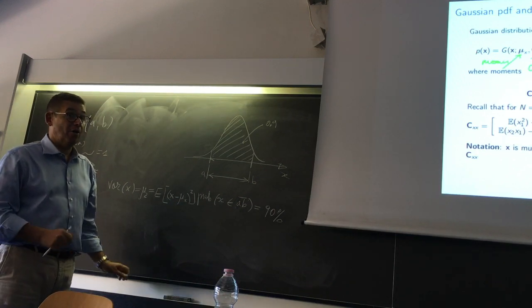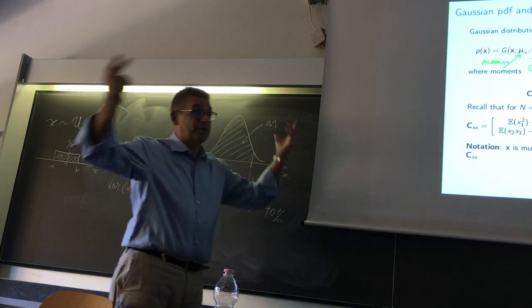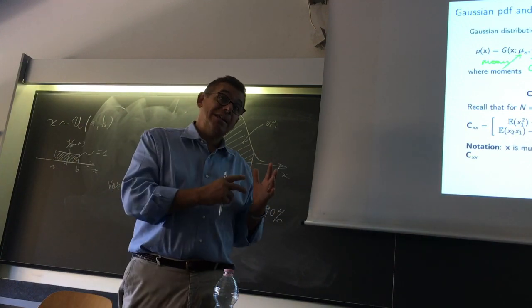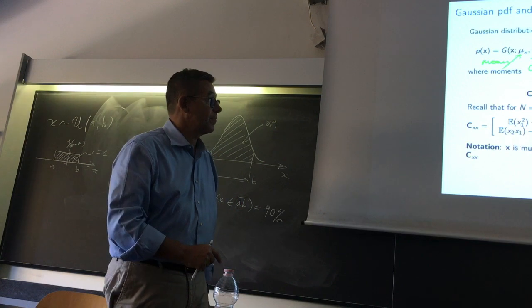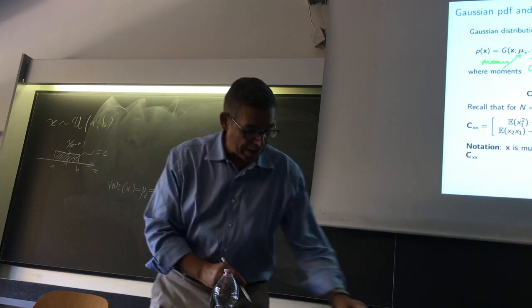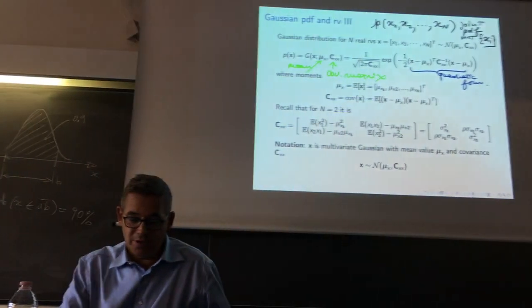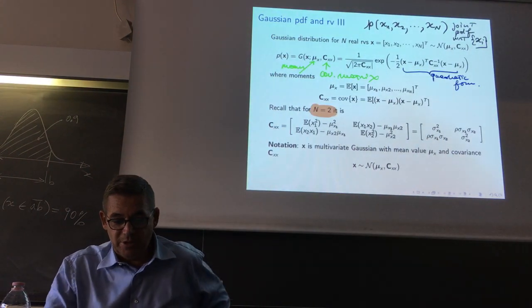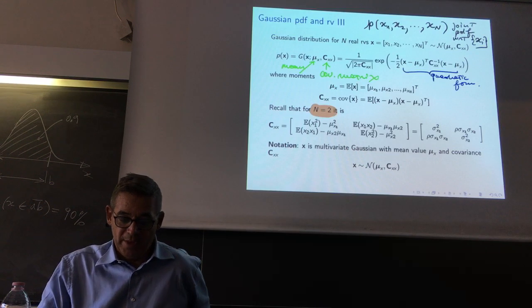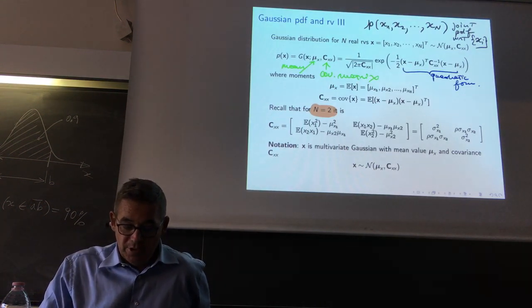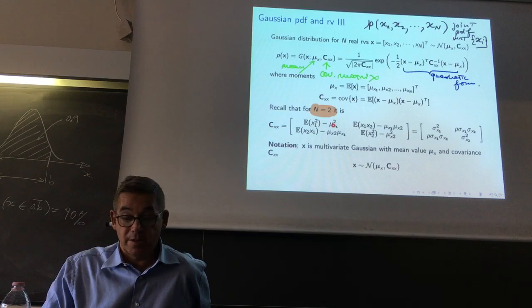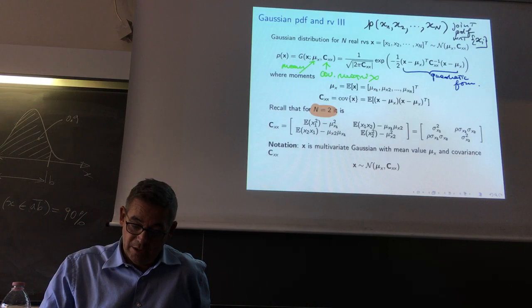The covariance is richer because it has to contain the variance and the correlation factors. Let's see what happens for n equal 2, because we saw n equal 2, so we need to recognize what we have seen before. For n equal 2, the covariance matrix has expectation of x1 minus mu x1 squared, which is the variance, along the diagonal, and the expectation of x2 minus mu x2 squared.